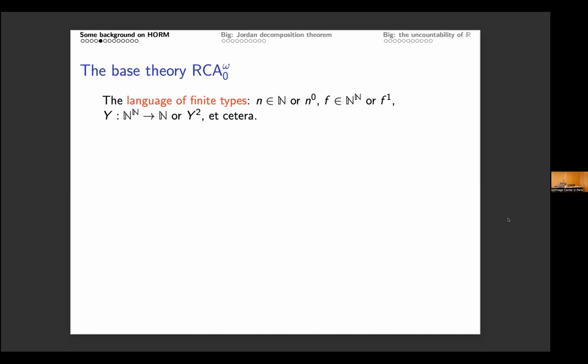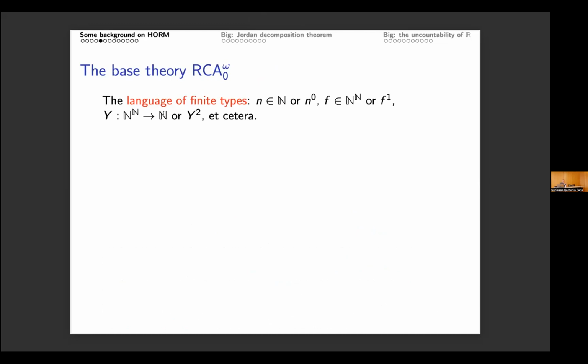little bit. So the language of finite types has the objects you know and love, the natural numbers, or type 0 objects, first order. I would now write this on this flip chart. First order natural numbers, type 0 objects, elements of the Baire space, type 1. And then comes something new, type 2 objects, mappings from Baire space to the natural numbers.